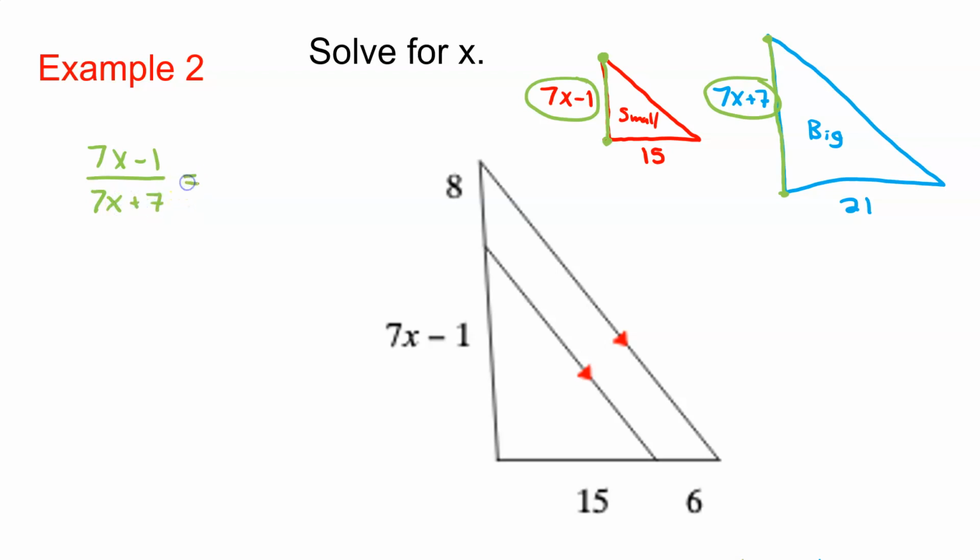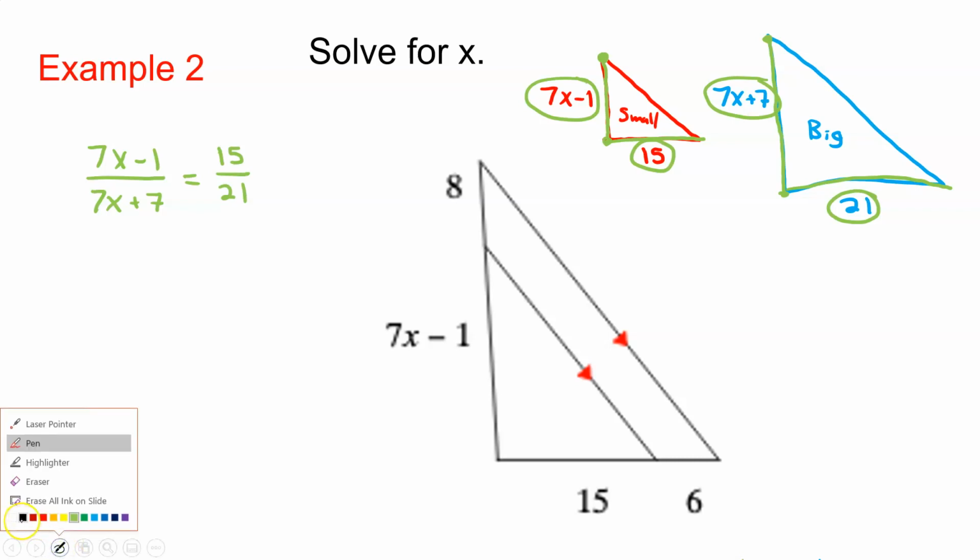And this is equal to, and again, we're going to play that matching game again, but with the bottom. I'm going to say 15. Okay, that's corresponding to the bottom side of the bigger one, which is 21. So I'm going to write 15 over 21. Make sure that you are consistent. If you use the small one over the bigger one, make sure you use the small one over the bigger one again. All right, great. This just becomes an Algebra 1 problem where we have to go through and cross multiply.